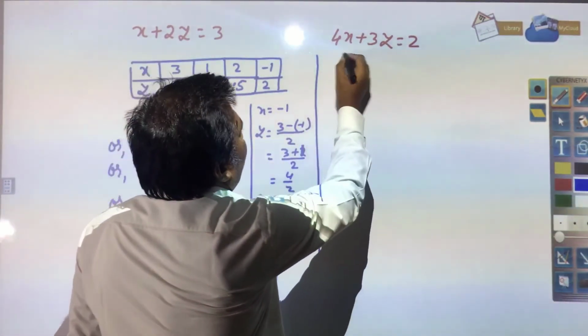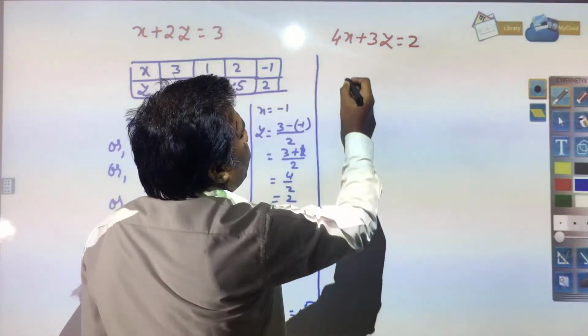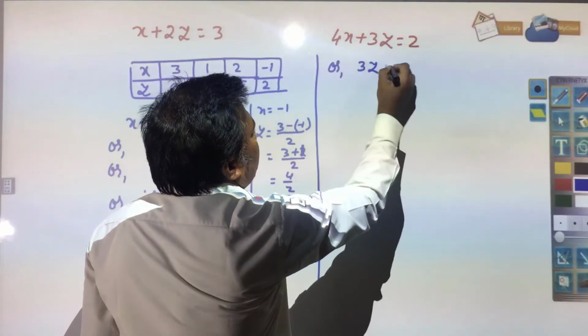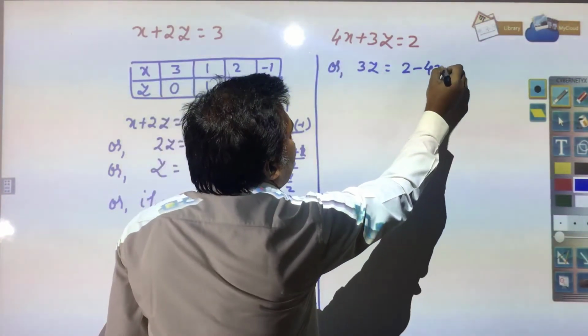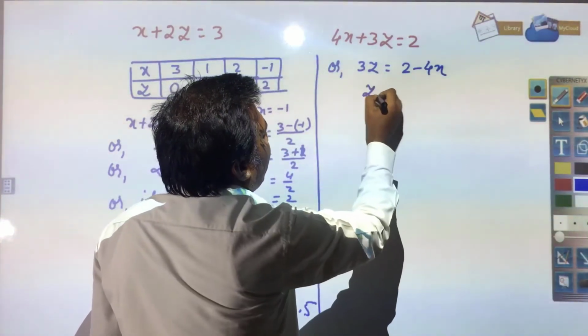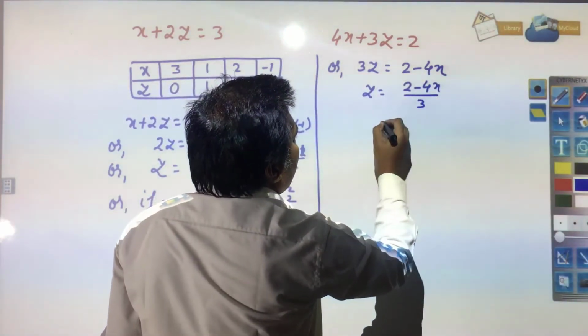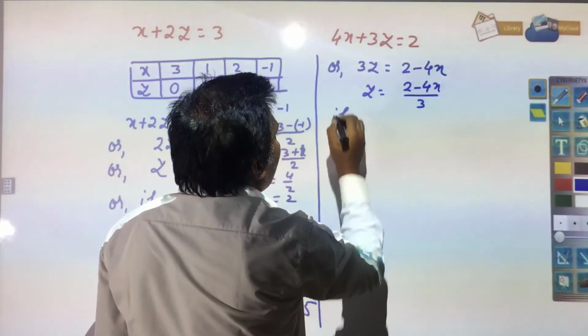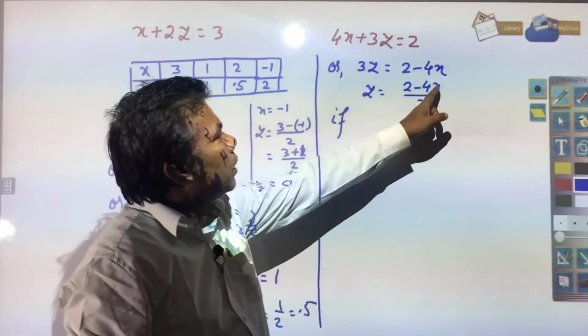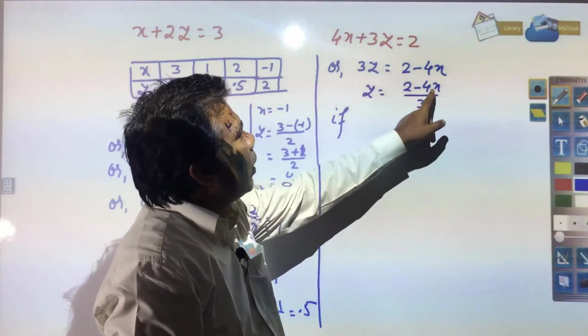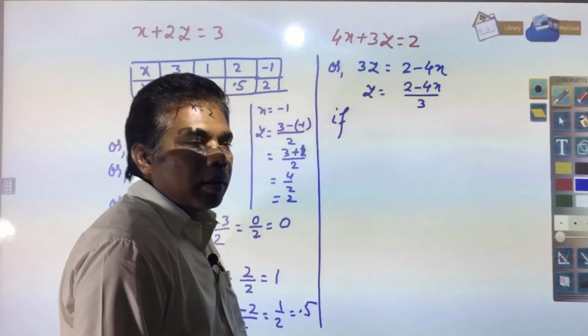Next you see, suppose you have 4x plus 3y is equal to 2. So, 3y is equal to 2 minus 4x. Now, y will be (2 minus 4x) by 3. Now, you see what value of x you will put so that you get the value of y as an integer.